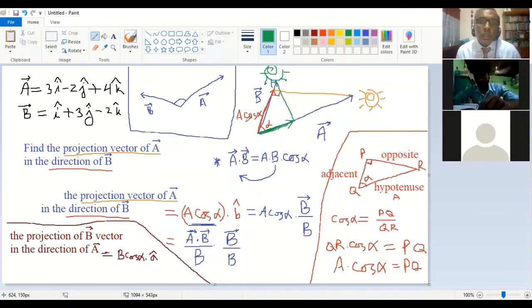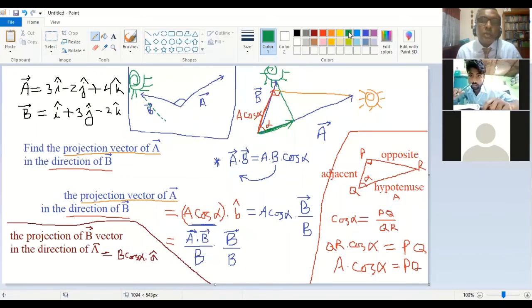So let me now talk about the big angle situation. If the angle is bigger than 90 degrees, then what will be the projection? If you want to find the projection of B, then the sun is here, so the shadow will be like this.